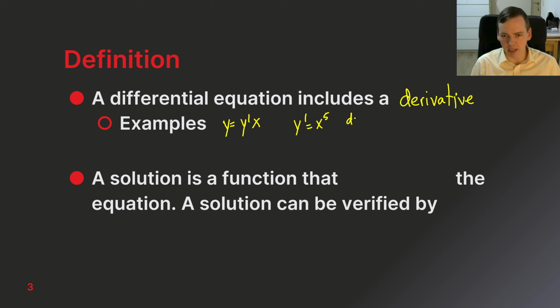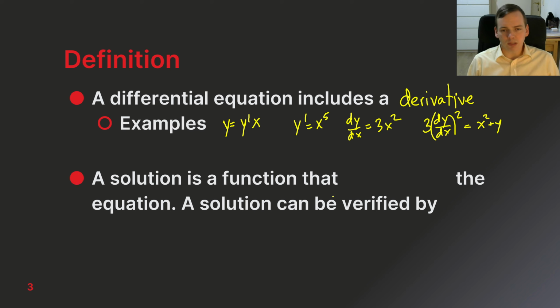You might see something like dy by dx equals 3x squared, or 3 dy by dx squared equals x squared plus y. There's all sorts of examples, but the point is somewhere in the equation you've got a derivative.